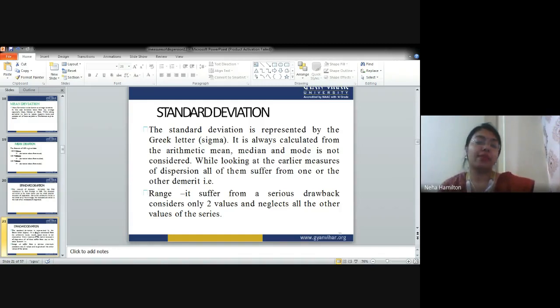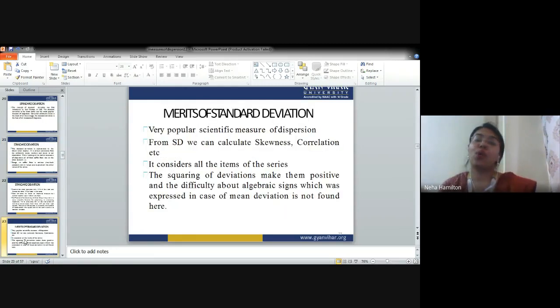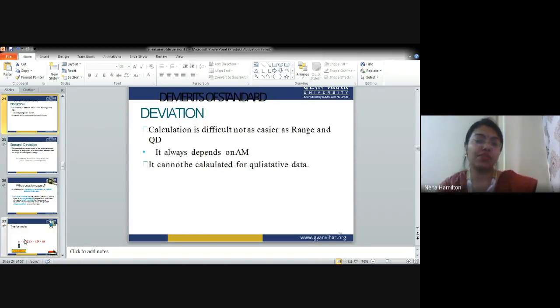Whatever drawbacks the range was suffering from, that it only considers two values and neglects all the other values of the series, has been covered in standard deviation. In standard deviation, we are taking care of all the values and not neglecting even a single value in the population distribution, right? So these are the merits of standard deviation.